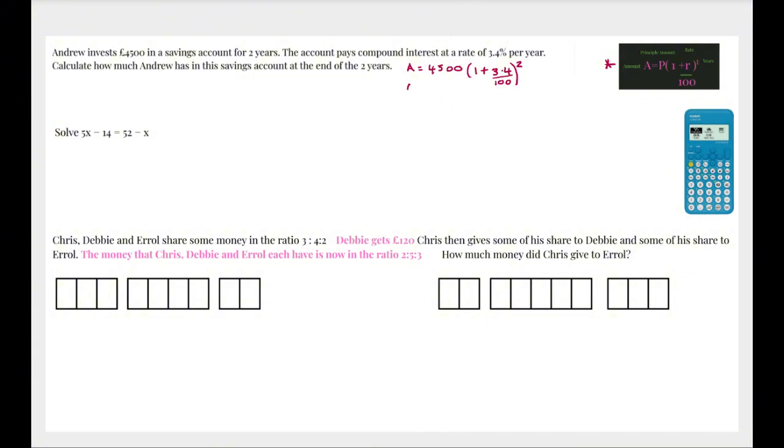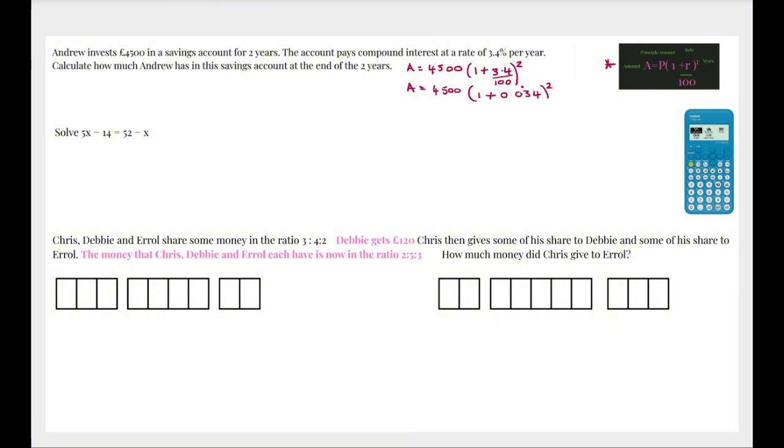So you're going to end up with the amount equals, so sorted out the brackets first. Which gives me 1 plus 0.034, 2.